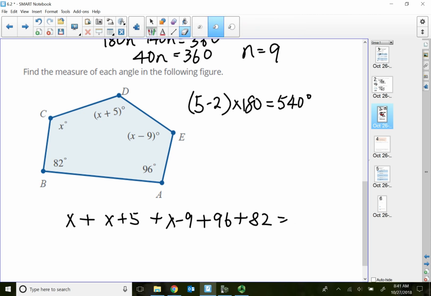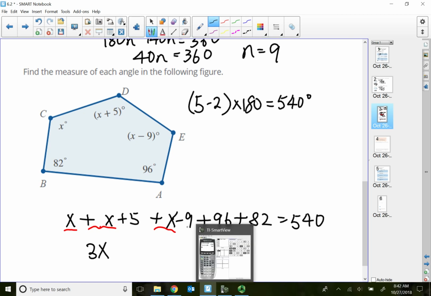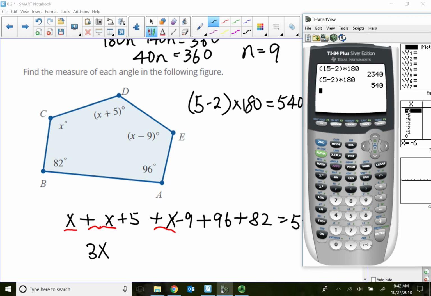If I set it up this way, I can solve for x and find these 3 missing angles. Combining like terms, x plus x plus x is 3x. Negative 9 plus 96 plus 82 is positive 169.